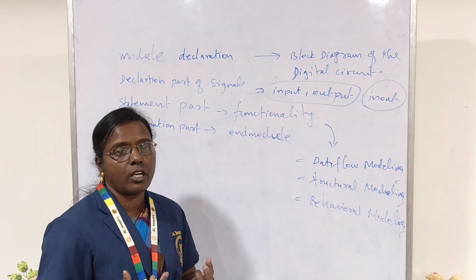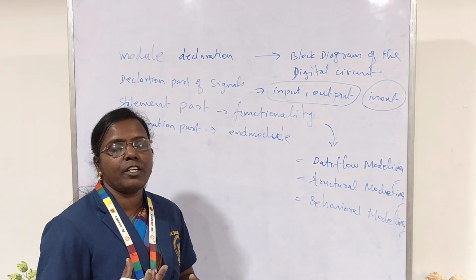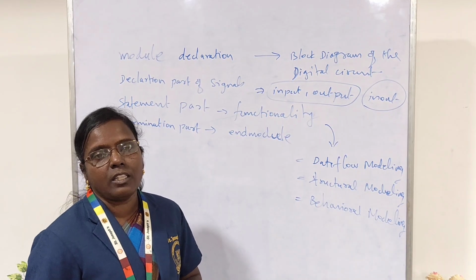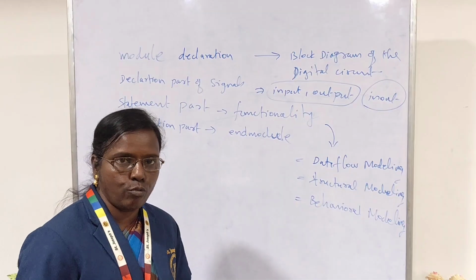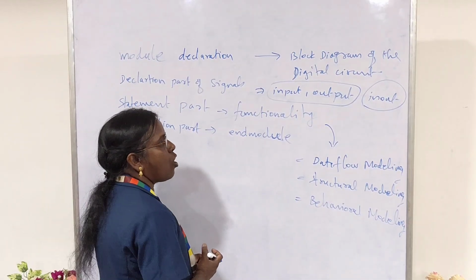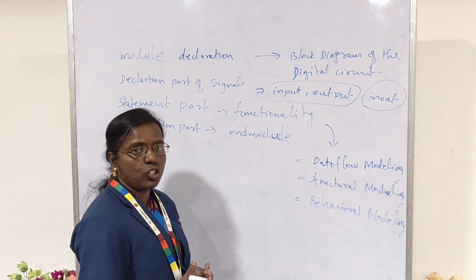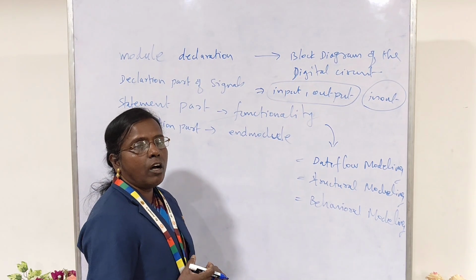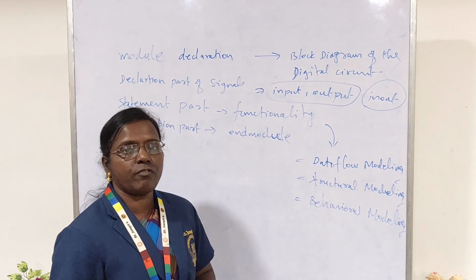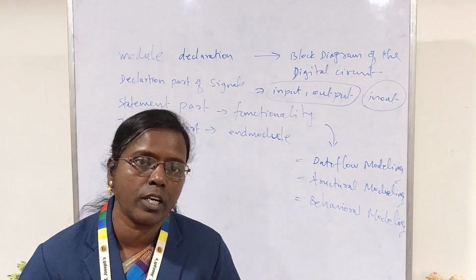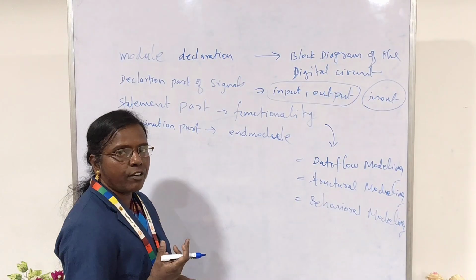The behavior of the logical circuit can be described in terms of mathematical modeling, that is, Boolean algebra, using Boolean laws and theorems. By using that, we can derive the Boolean function. We can have a sum of products function or a product of sums function. Those are called Boolean functions.